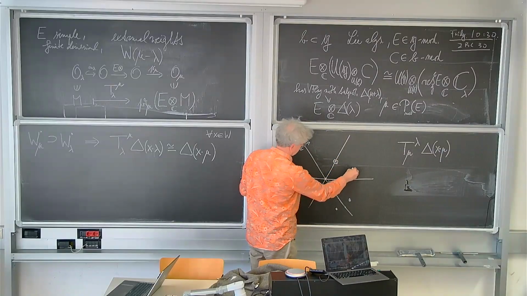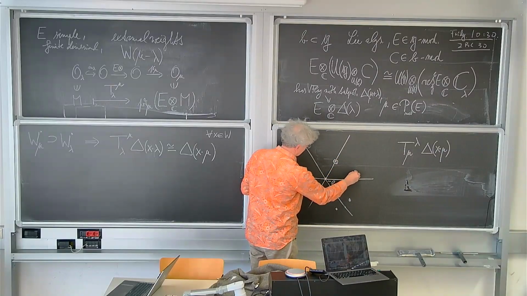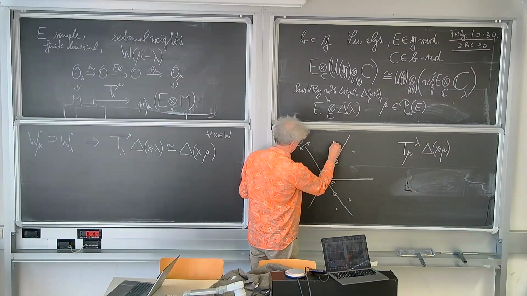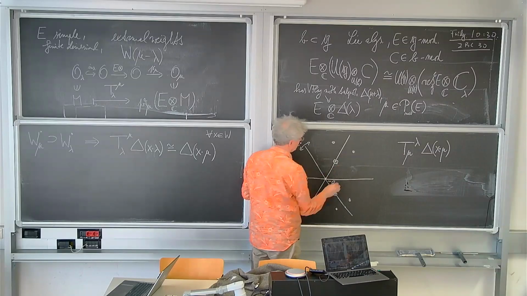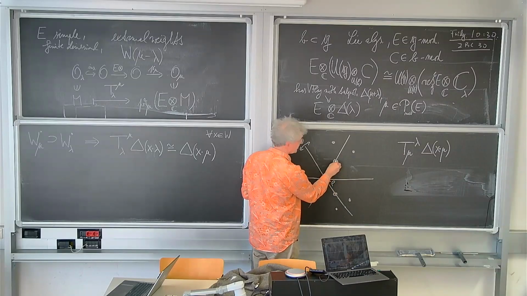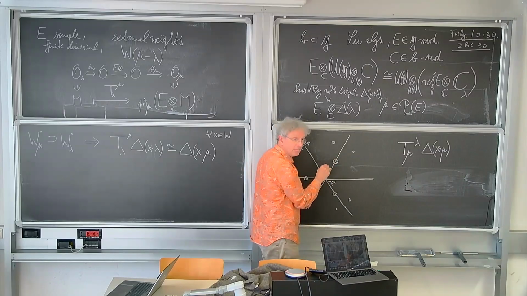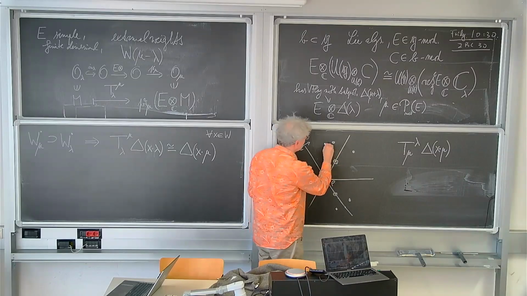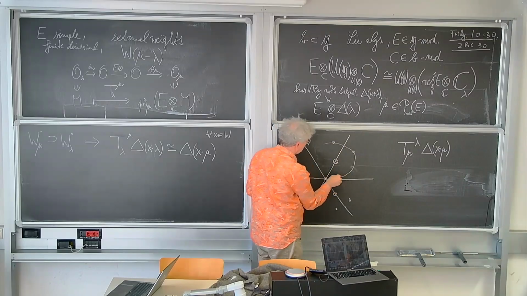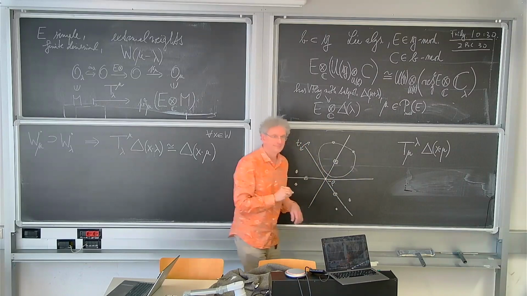I try to draw the picture nicely like this, maybe. So we have to tensor this with a finite dimensional representation with an extremal weight here.